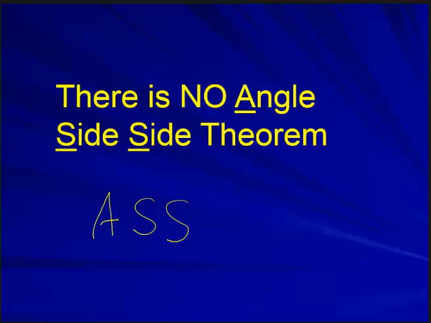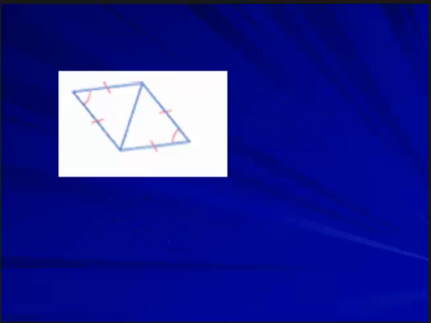Okay, so now let's do a couple of examples and see if we can figure out which one of those theorems allows us to say that the two triangles are congruent. And sometimes we can't say. So here's two triangles sharing a side. Okay, there's actually a couple of ways we could say that these two triangles are congruent to each other. Let's look at what is marked.